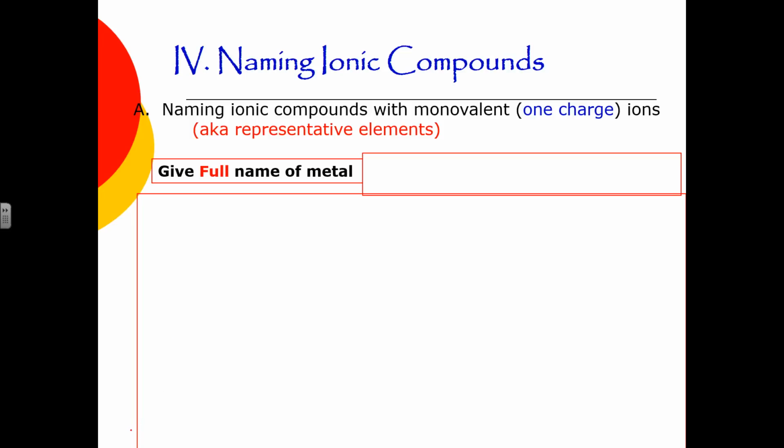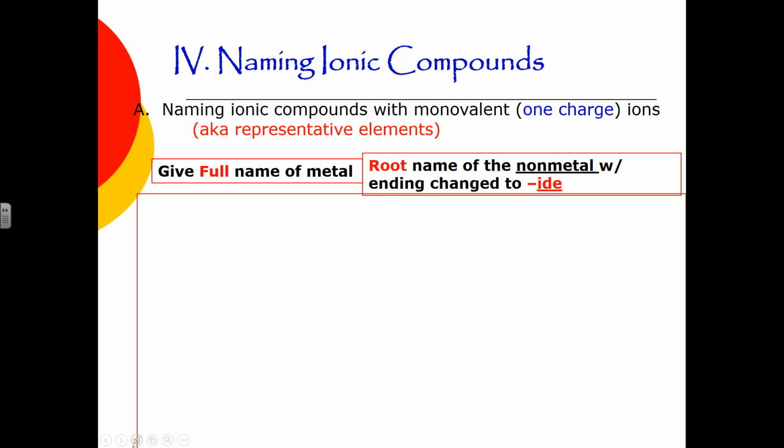When you're naming this type of ionic compound, you always give the full name of the metal. The metal atom and the metal ion are the same. So give the full name of the metal. And remember, metals always come first in your ionic formulas.